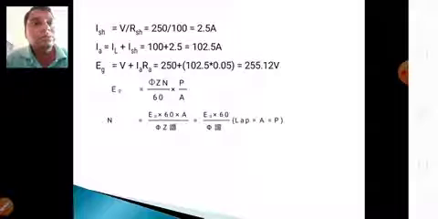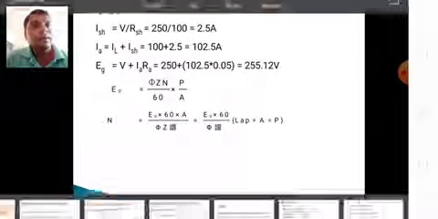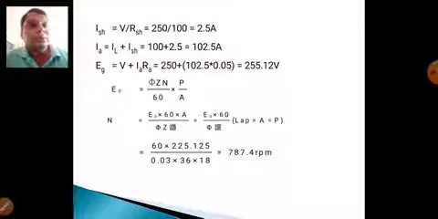So 60 into 255.12 by flux 0.03 into Z, where Z equal to 36 into 18. So total N equal to 787.4 RPM, right?